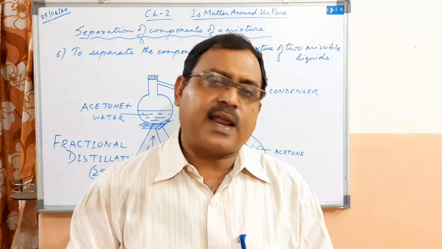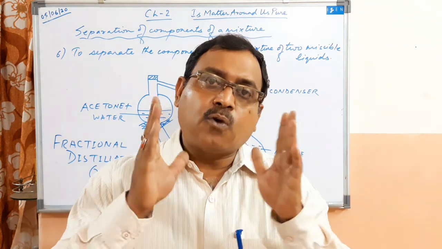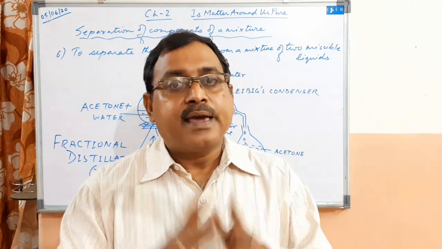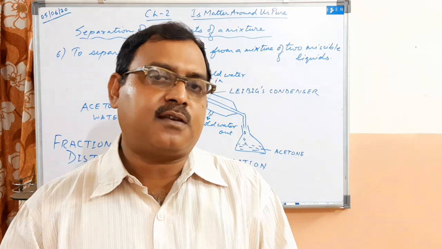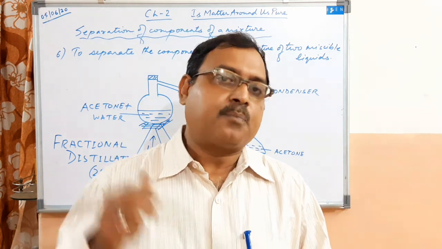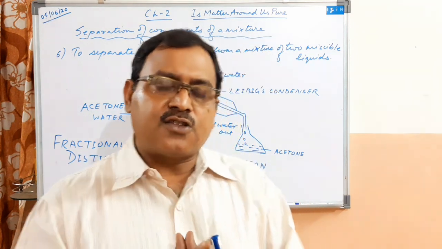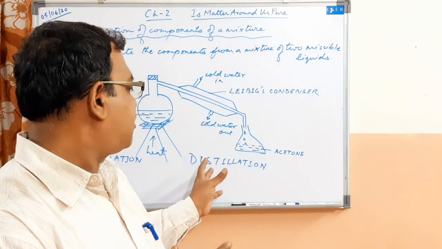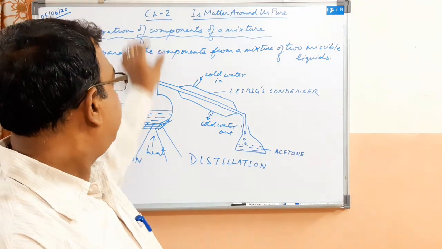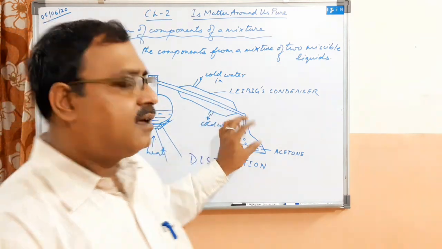So a variety of oil is there. So those components of petroleum can be separated from each other with the help of fractional distillation. In fractional distillation, everything is quite like distillation, only one fractionating column is added at the top over here, and the fractionating column is joined with this Liebig's condenser.